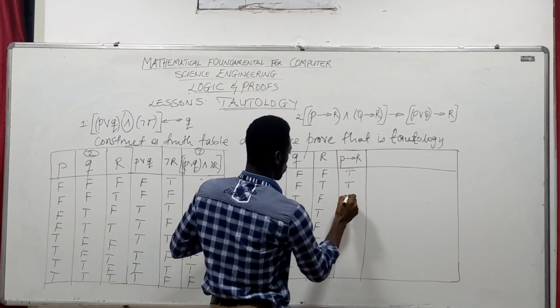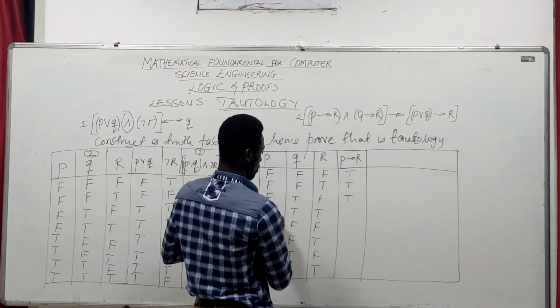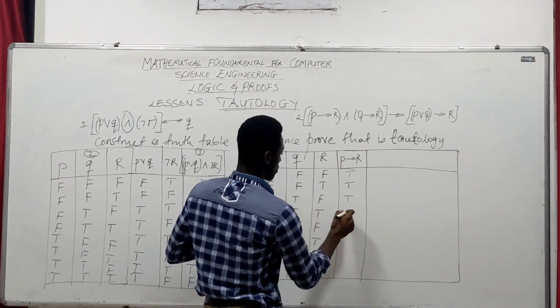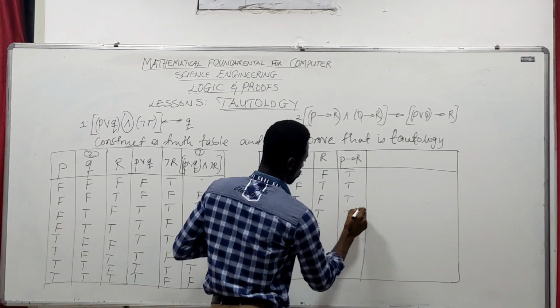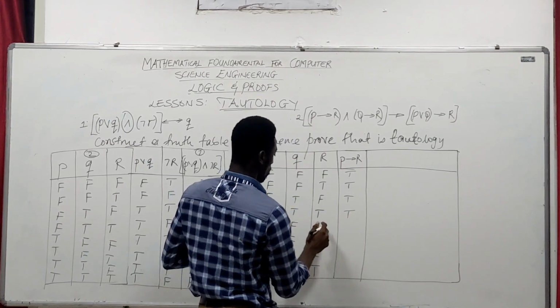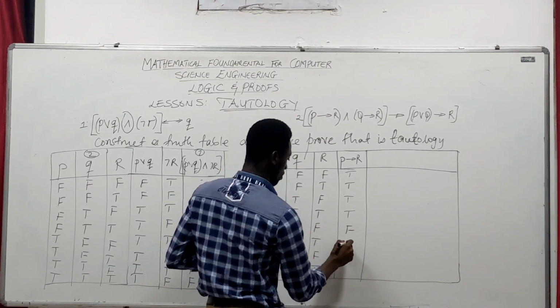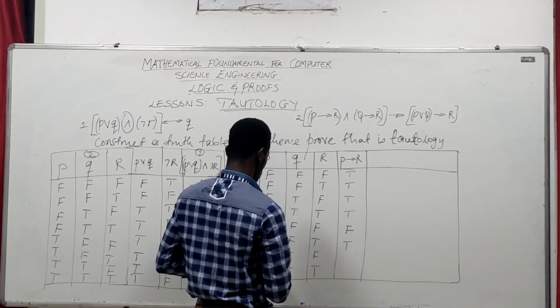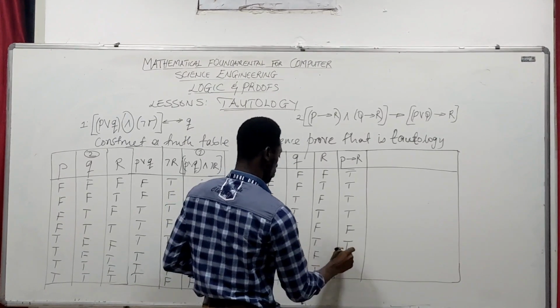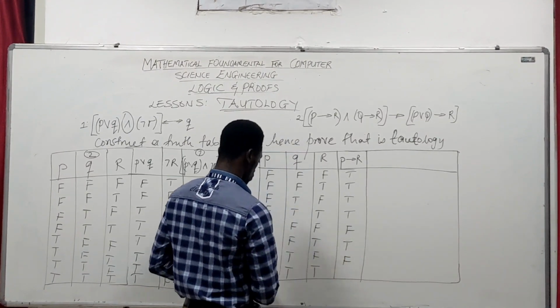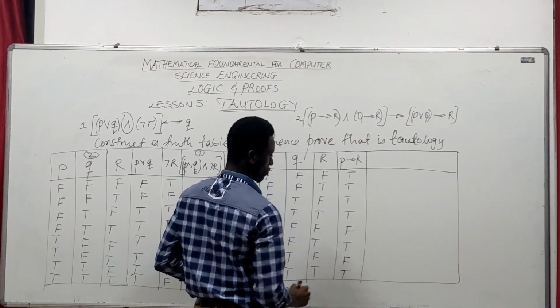This one becomes true. This false and true becomes true. True and false becomes false. True and true becomes true. True and false becomes false. True and true becomes true.